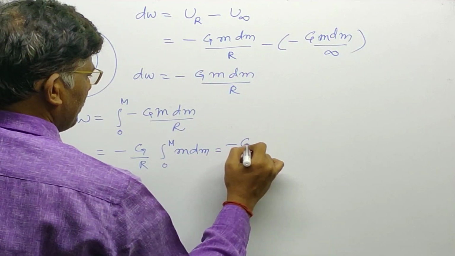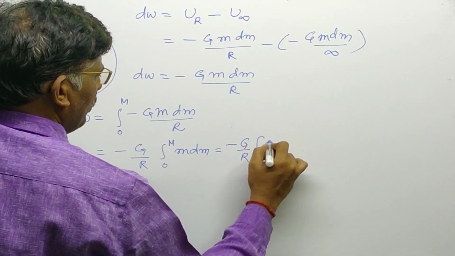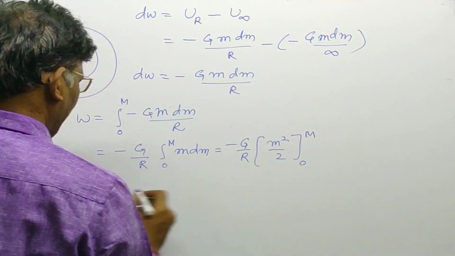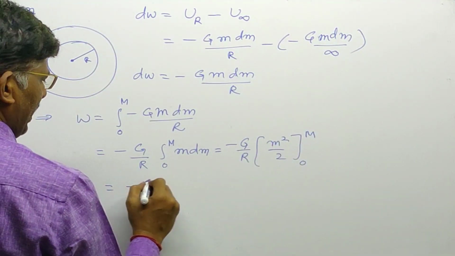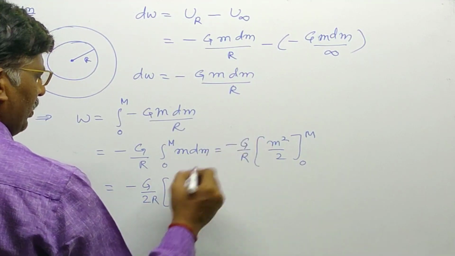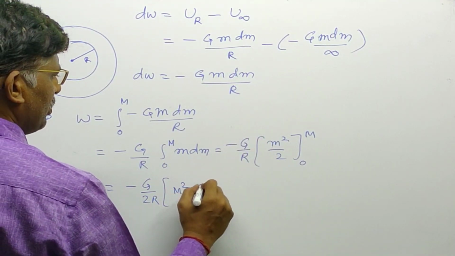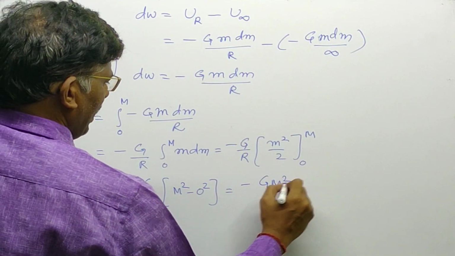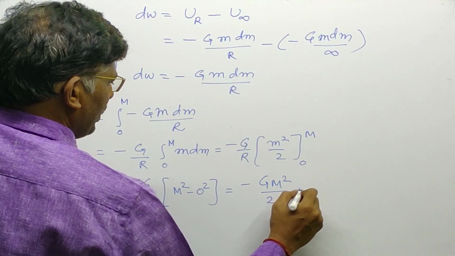So, that is minus G by R into m square by 2 with limits from 0 to capital M. That implies minus G by 2R into capital M square minus 0 square, which is equal to minus G M square by 2R. That is the work done.